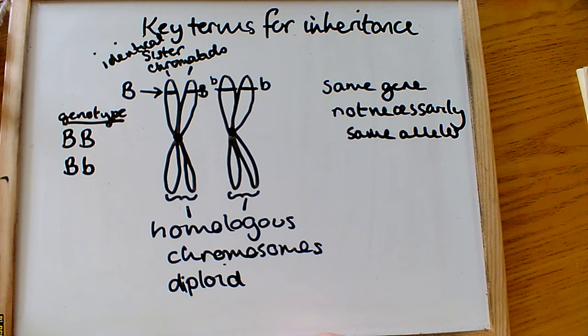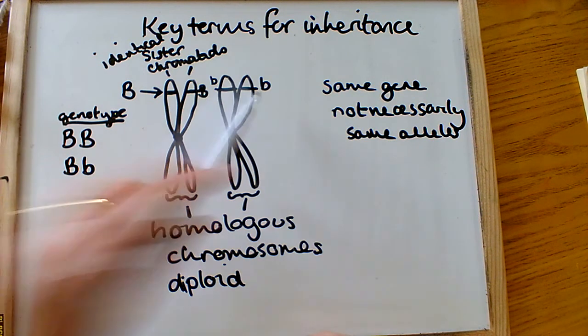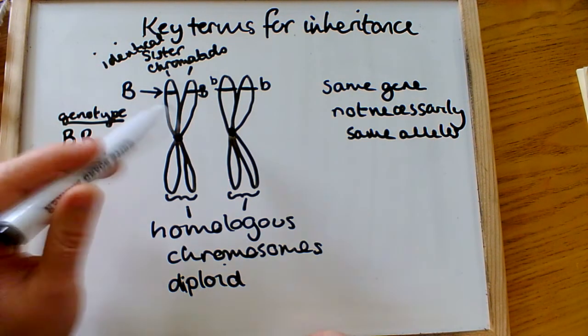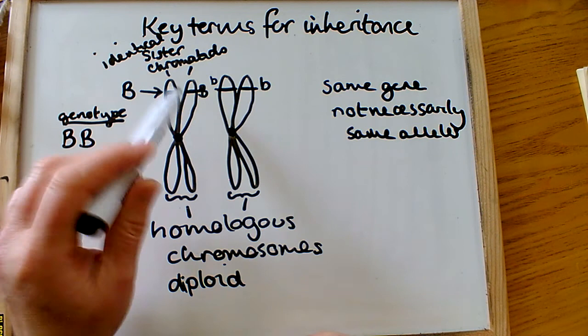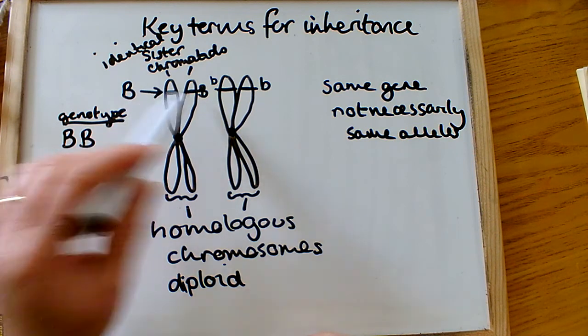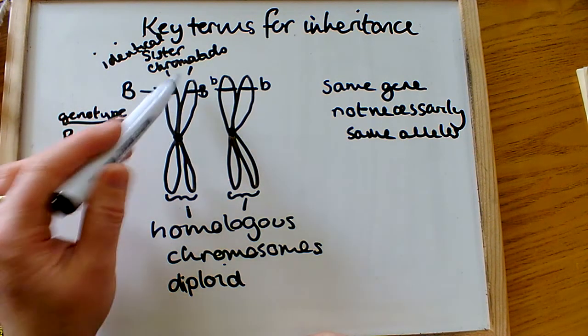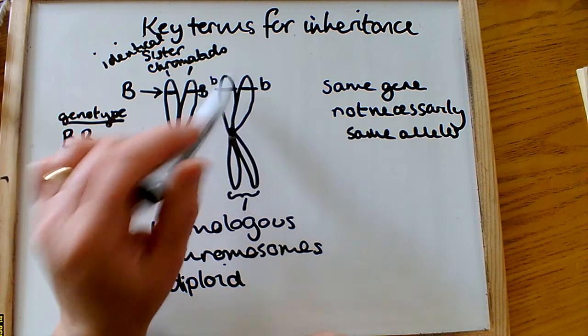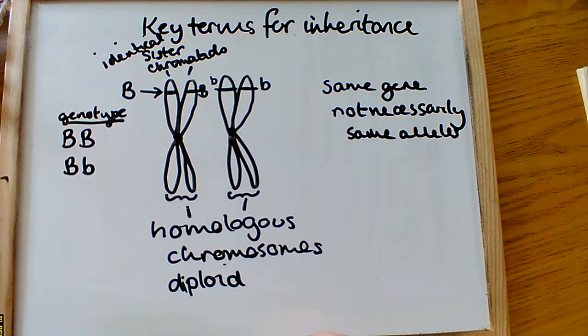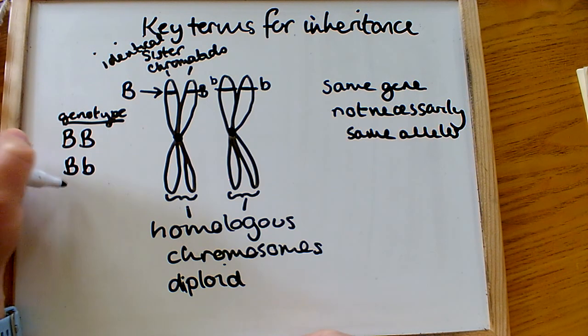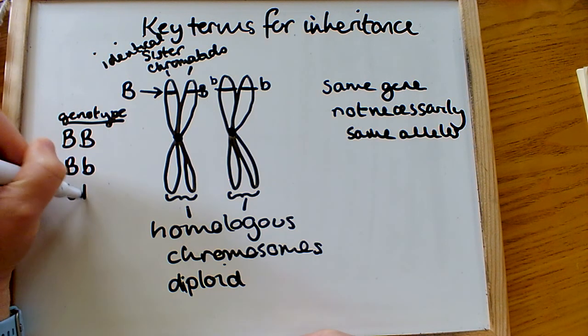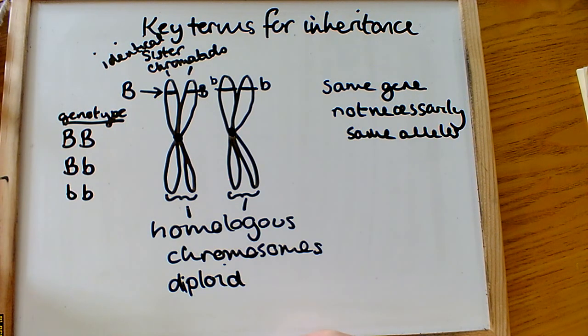You could have inherited a big B from your mum and a little b from your dad, and at this point you've done DNA replication. You've now got 2 copies on the sister chromatids, because this is what you inherited from your mum and you've made a copy of it, and this is what you got from your dad and you've made a copy of that as well, and it gives you this particular genotype. Or it could be that you got a little b from each parent and you have that for your genotype.